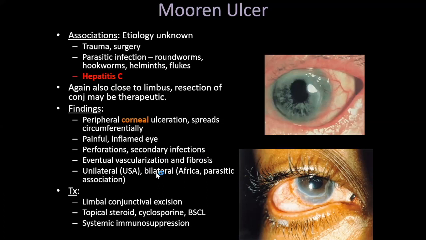You may even have to add systemic steroids and sometimes immunosuppressants, lubrication to dilute inflammatory mediators. And then surgically, for cases that are close to perforation, you may want to apply tissue adhesives and bandage contact lens.